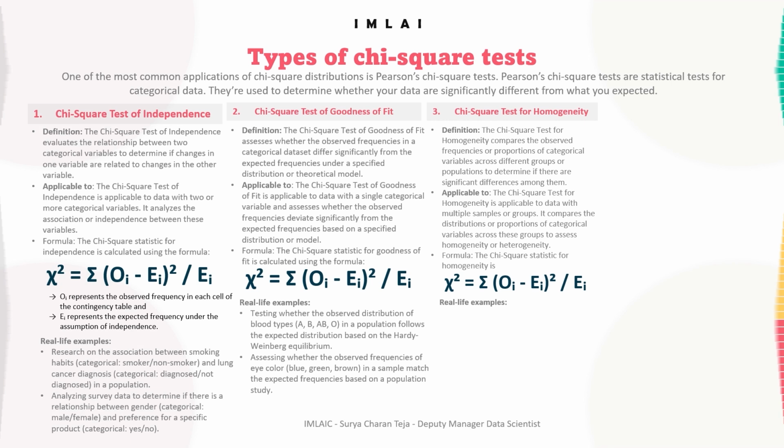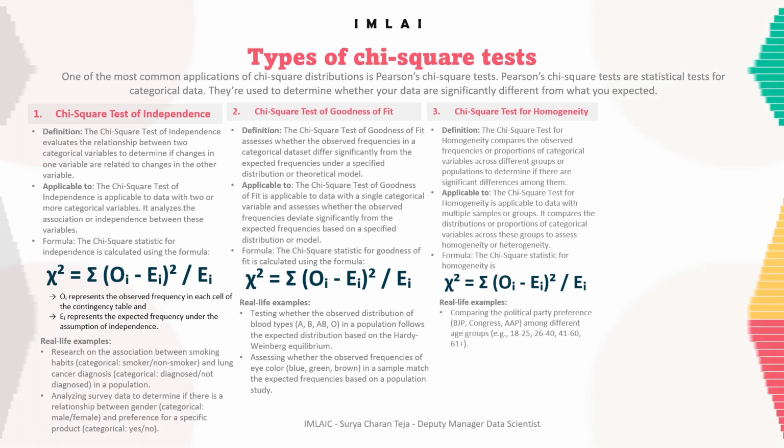So let's see some real life examples for this. One is comparing political party preference, for example BJP or Congress or Aam Aadmi Party, among different age groups, for example 18 to 25, 26 to 40, 41 to 60, and 61 plus. This is the best example and it's widely used.